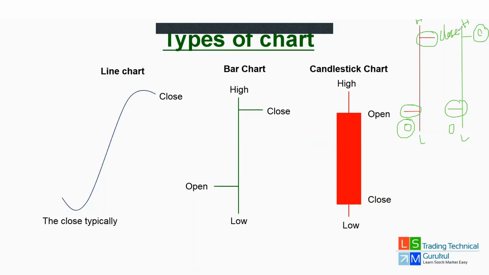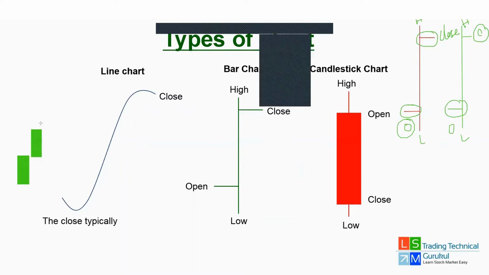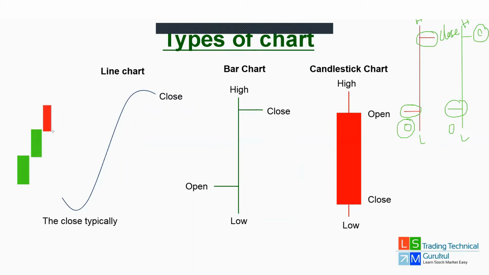Basically, it depends upon the closing of the candle. Whenever you get a rally, maybe like this, this is green, again green, and then you get a red candle over here.